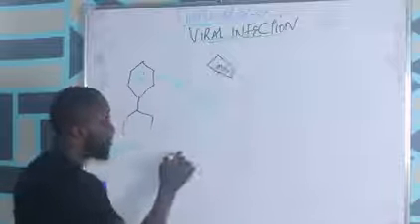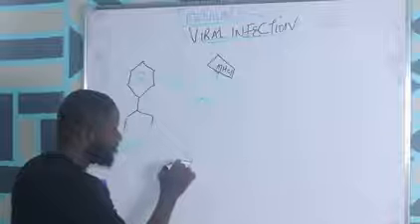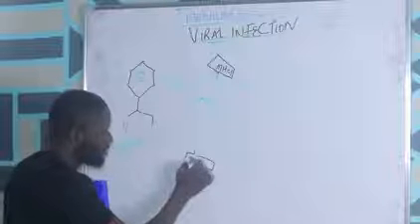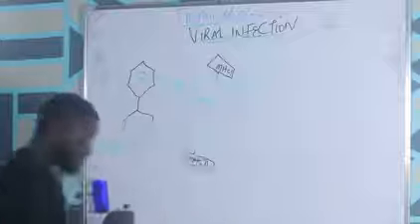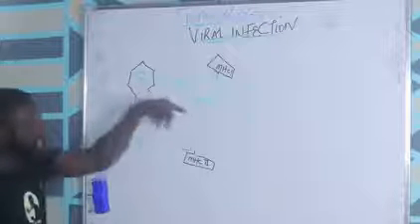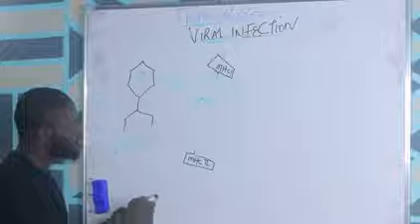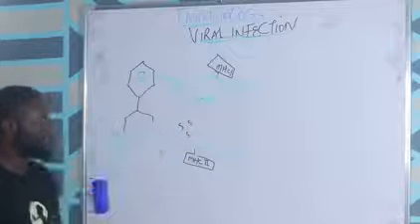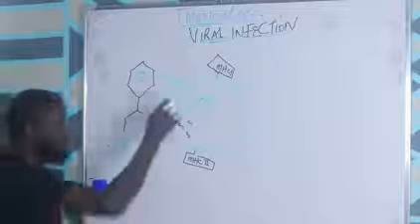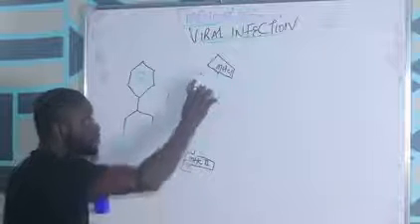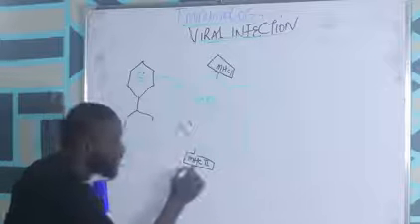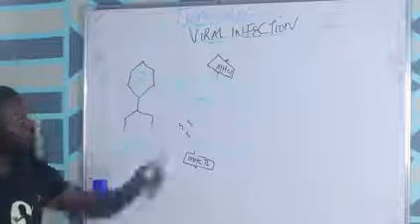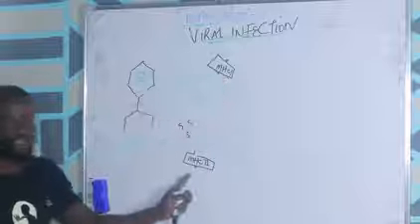MHC1 and MHC2. So when it infects the macrophage, I now have my viral peptide in the macrophage. The macrophage will be able to express the viral peptide on both the MHC1 and the MHC2.